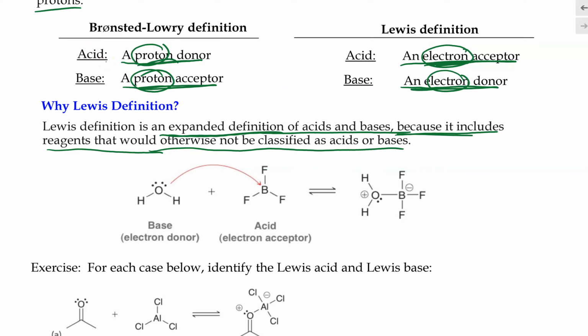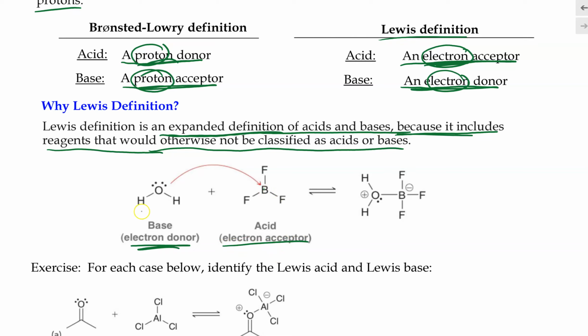So therefore, we can't consider this to be an acid-base reaction according to the Bronsted-Lowry definition. But now, if we were to use the Lewis definition, in this case the oxygen of water is donating an electron pair to the boron. Because this is donating the electron, this is what a base would be. And because the boron is accepting the electron, that makes it an electron acceptor, or an acid.